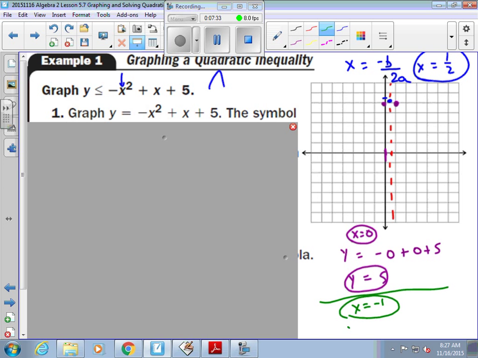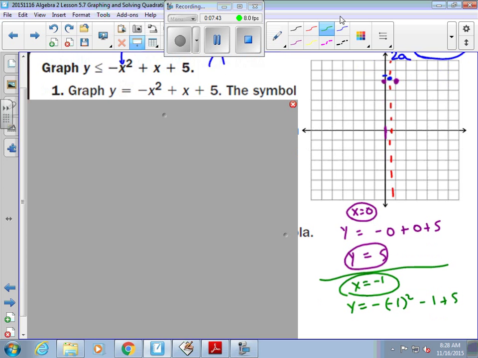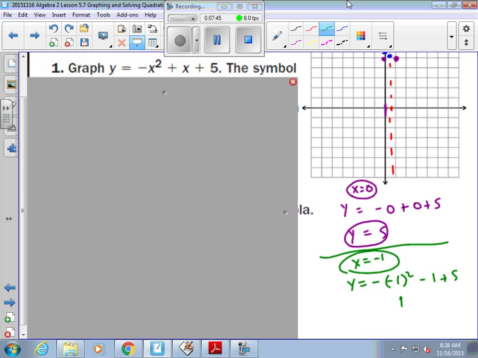So when you plug it in, y equals negative 1 squared plus negative 1 plus 5. Negative 1 squared is 1, and this comes down negative 1, minus 1 plus 5. Negative 1 minus 1 is negative 2. Negative 2 plus 5, y's value then is 3. So when x is negative 1, y is 3. And again, it is mirrored the same on this side.